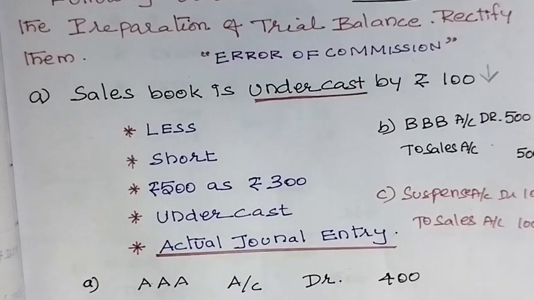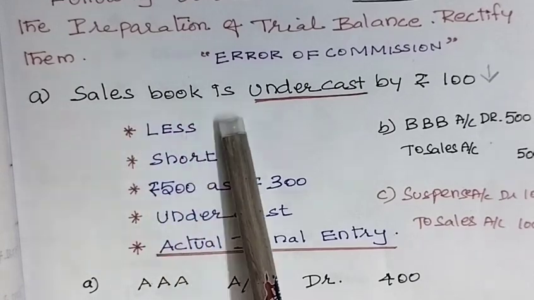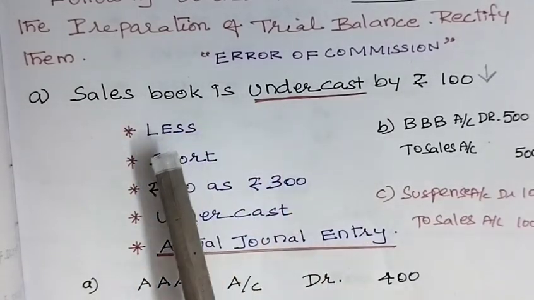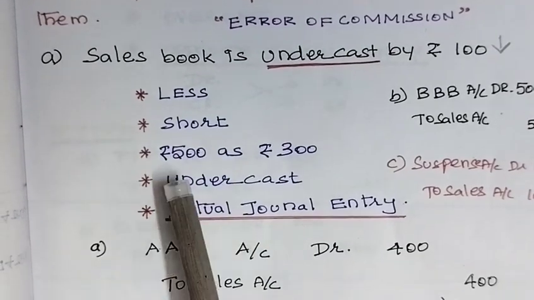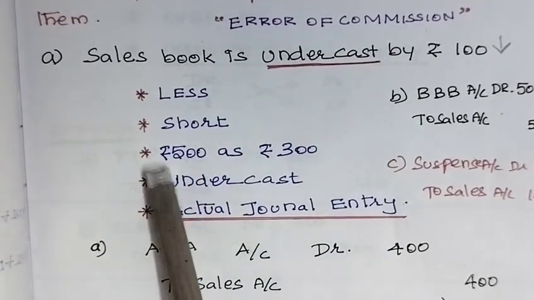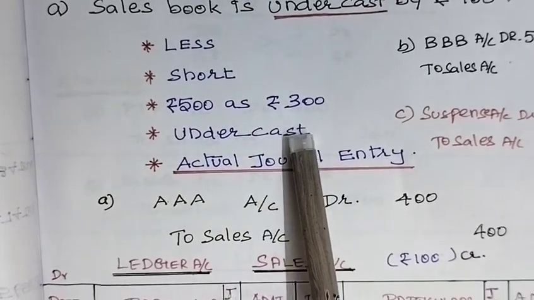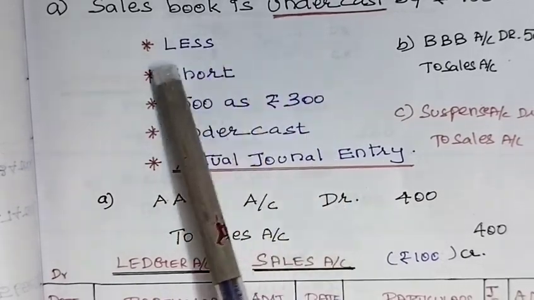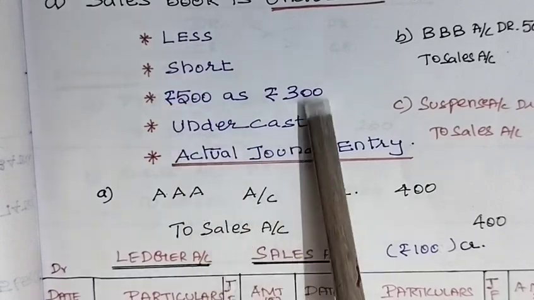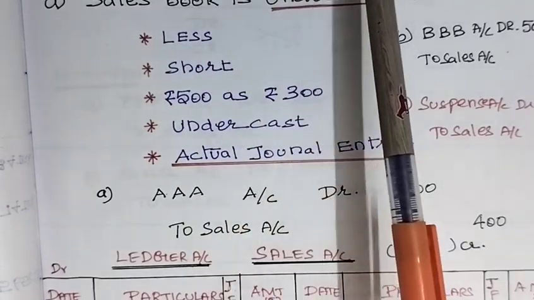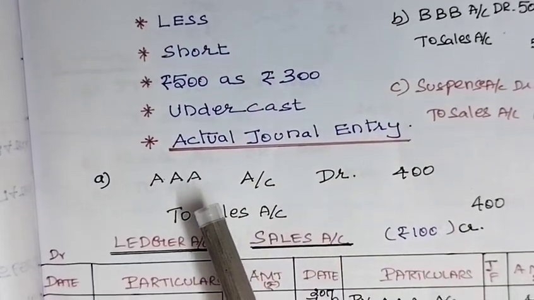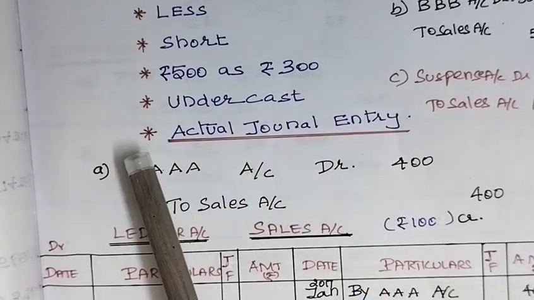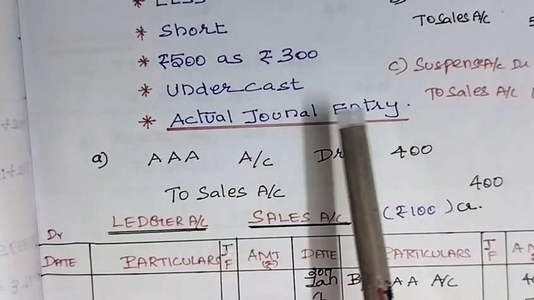Whenever you see sales book, and the words undercast, less, short, like 500 rupees instead of 300, for the rectification of the error you have to follow the original journal entry.